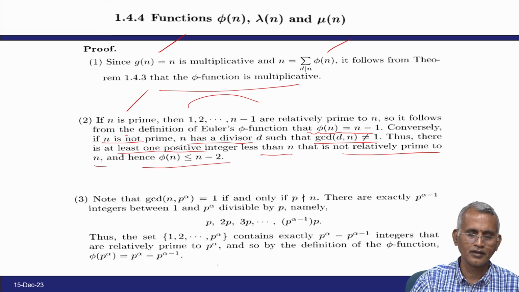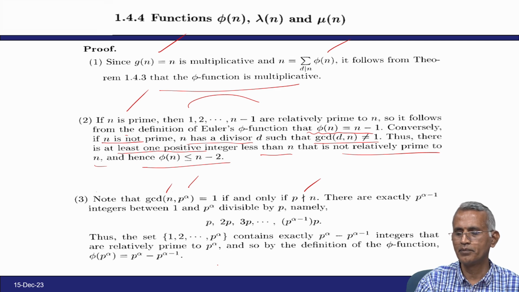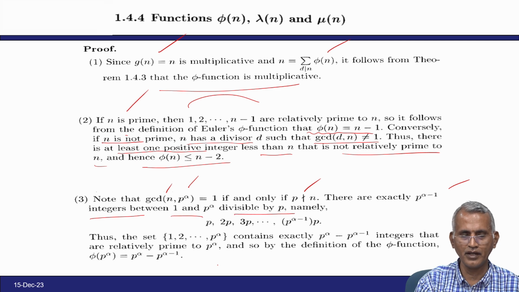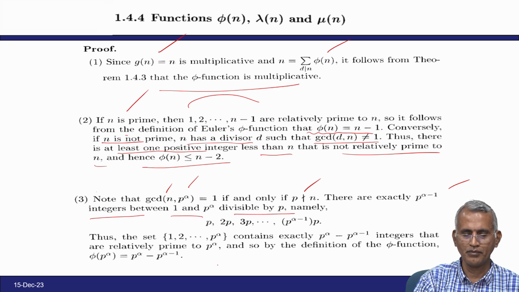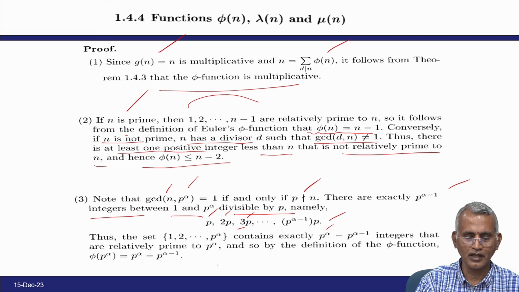And note that the GCD of n and p^alpha is 1 if and only if p does not divide n. There are exactly p^(alpha minus 1) integers between 1 and p^alpha divisible by p, namely p, 2p, 3p and so on, up to p^(alpha minus 1) into p. So the set 1, 2 and so on up to p^alpha contains exactly p^alpha minus p^(alpha minus 1) integers that are relatively prime to p^alpha.